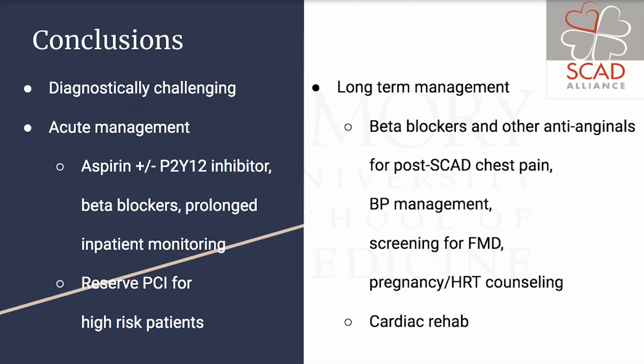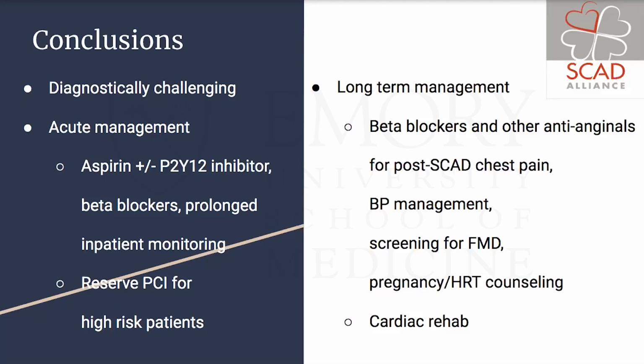But besides being diagnostically challenging, the acute management should include aspirin, beta blockers, prolonged inpatient monitoring, and reserving PCI for high-risk patients. In terms of long-term management, focus on beta blockers and other anti-anginals for post-SCAD chest pain, blood pressure management, screening for FMD, pregnancy and HRT counseling, and cardiac rehab.